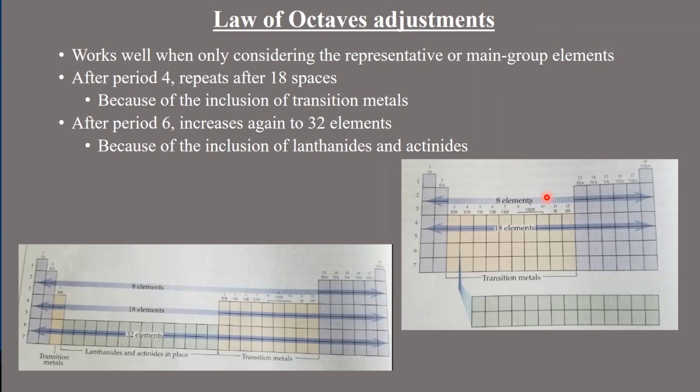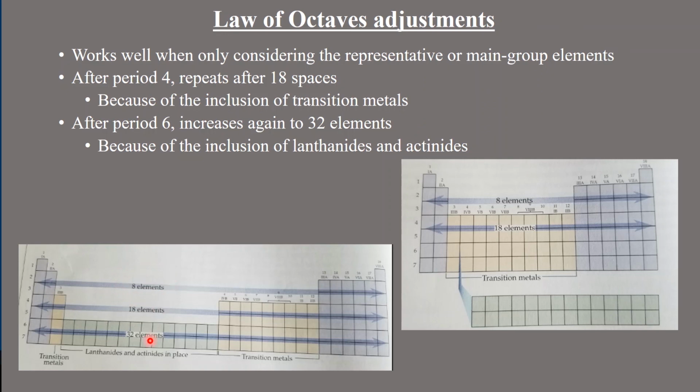And when we accommodate the lanthanide and actinide series in the periodic table, it becomes 32 columns wide. And in this region, the chemical properties repeat after every 32 elements rather than after every 18 or 8 elements.